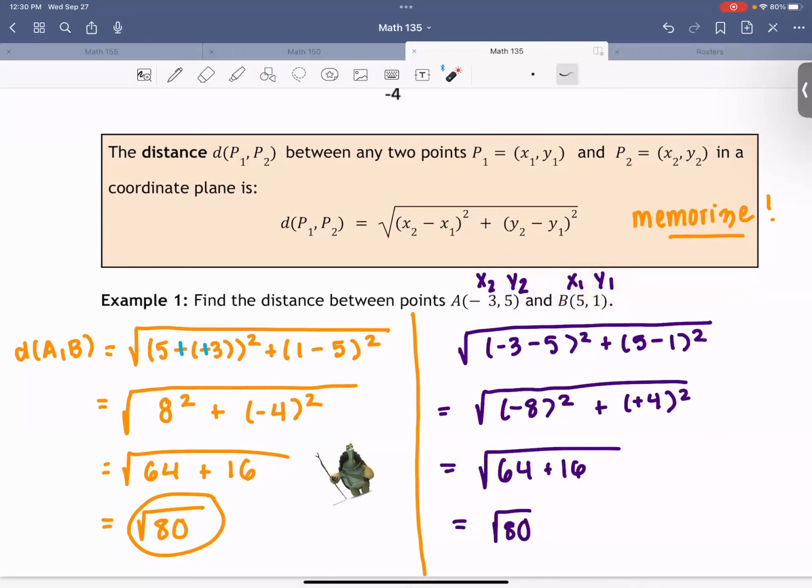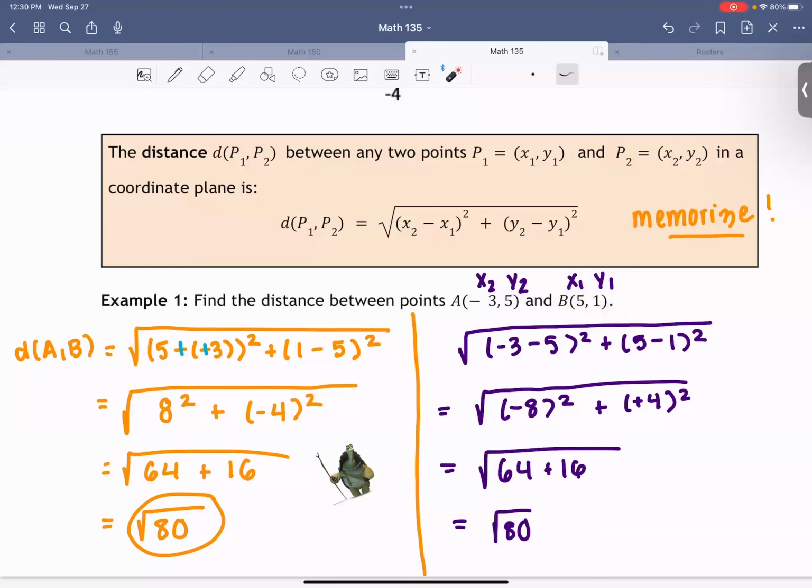But the points don't really matter. So if 5 is X1, you can't make 1 Y2. So that would be wrong.